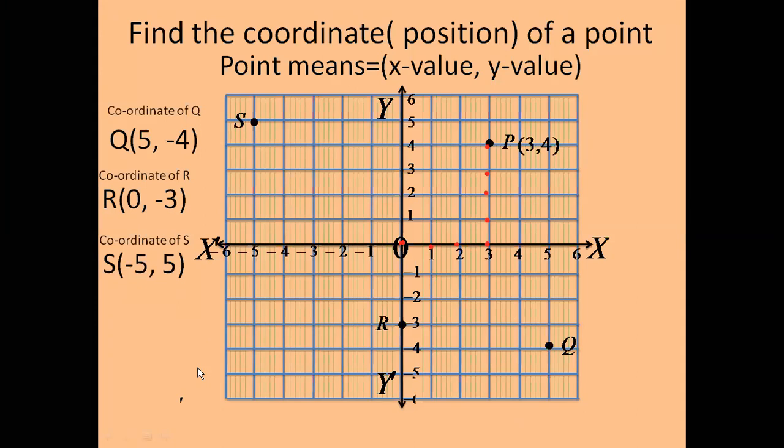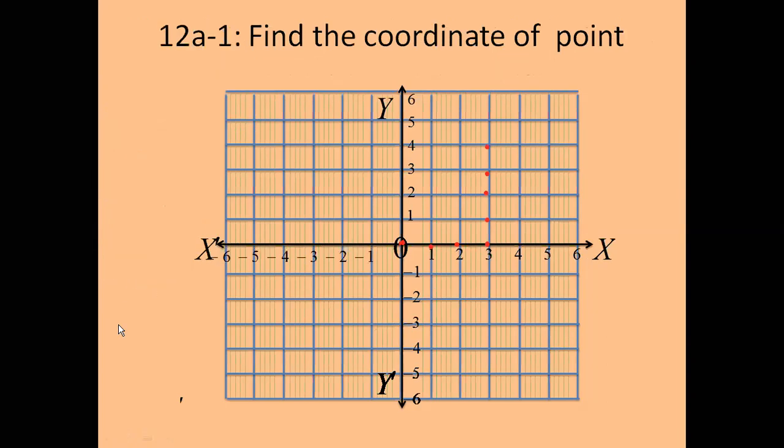Look at the number line, all plus values are in the upper, so no problem. So S is -5 and 5. Why -5? Because we had to come to the left side, that's why -5 here. Left side and downside will always be minus, so -5 and 5. Thus you can find out the coordinate of a point or location of a point.